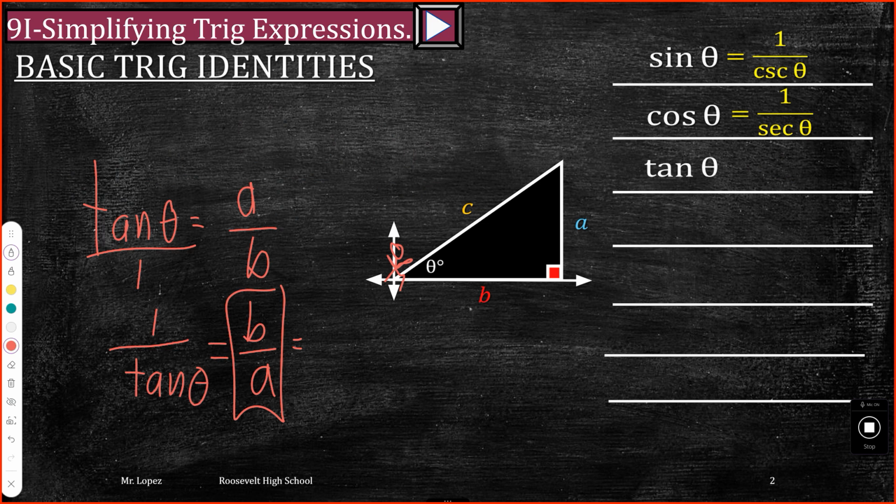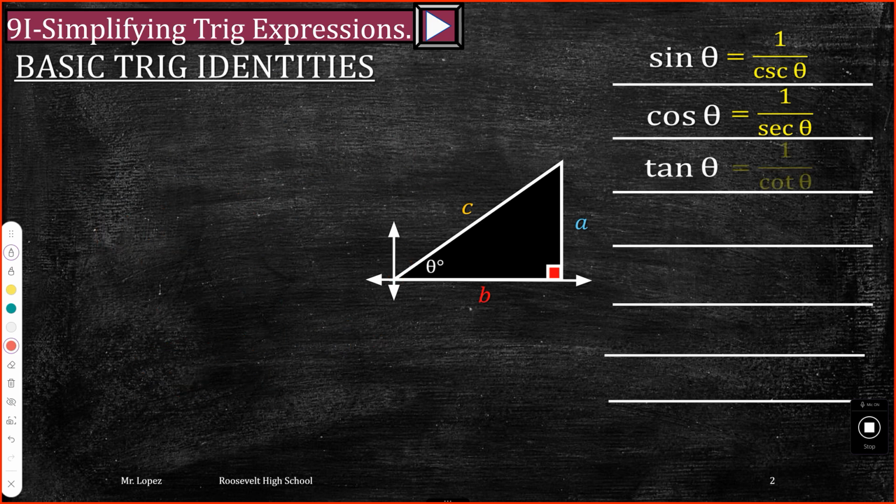Look at your notes, somebody. Cotangent theta? So cotangent theta is 1 over tangent theta. I could have done it a different way, but tangent theta is also 1 over cotangent theta.